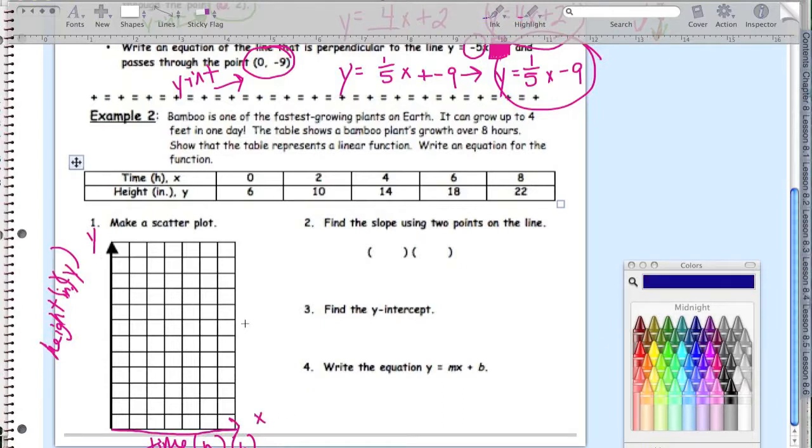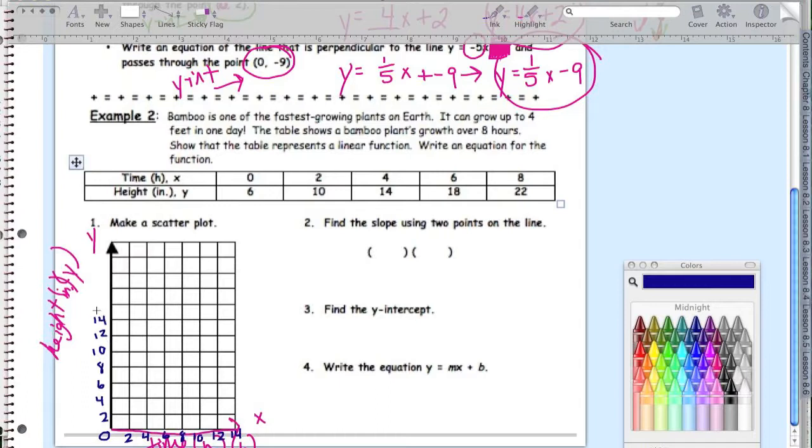We're going to plot the points (0, 6), (2, 10), (4, 14), (6, 18), and (8, 22). I'm going to count by 2's in each of these, so I'm going to make a note: 2, 4, 6, 8, 10, 12, 14, and then 2, 4, 6, 8, on and on.